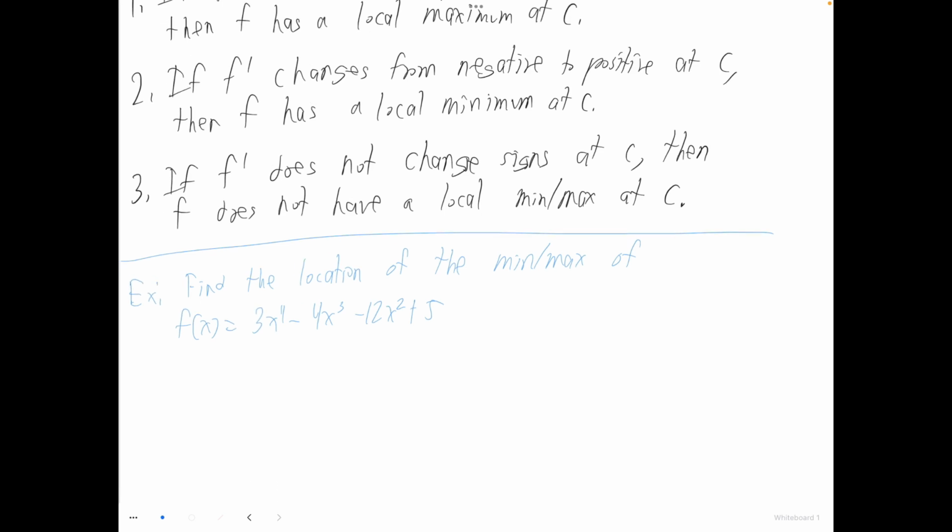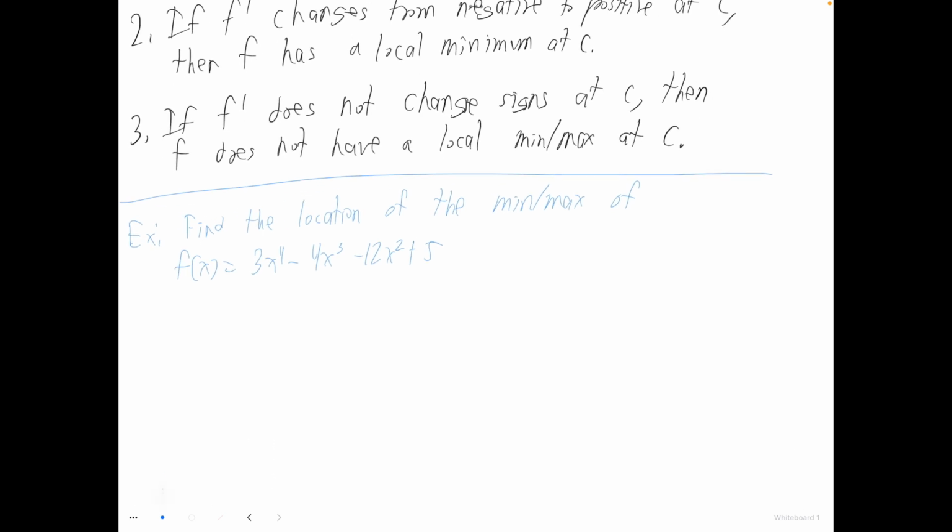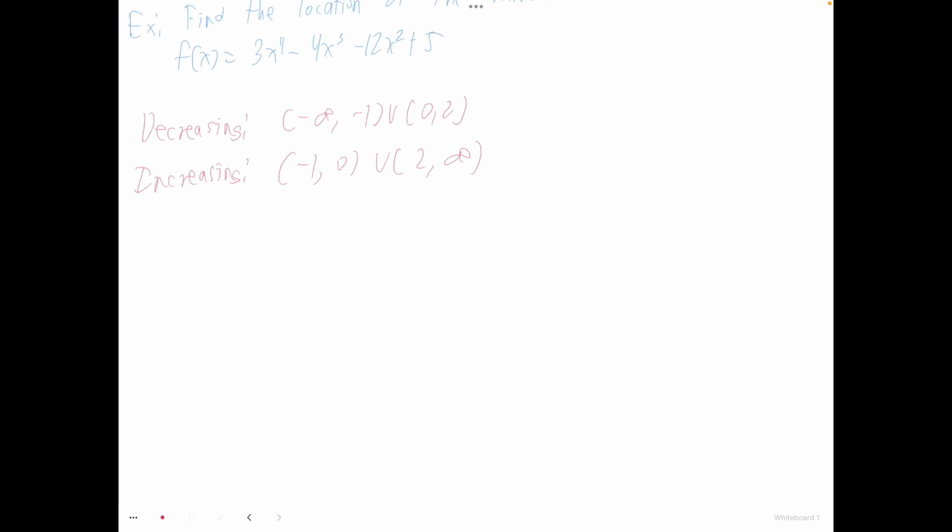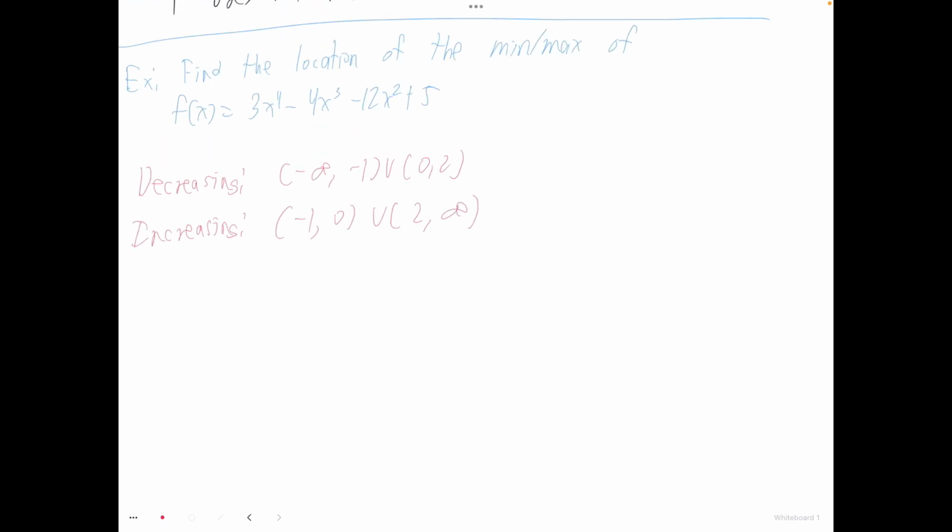We've already done most of the work for this problem. This is the same function we had a second ago. So we already know we're decreasing on negative infinity to negative 1, union 0 to 2, and we're increasing on negative 1 to 0, union 2 to infinity. From here, we can figure out the x-coordinates of our local minimums and maximums. And to get the y-coordinate, you just plug it into f. And so we have our local min and our local max.